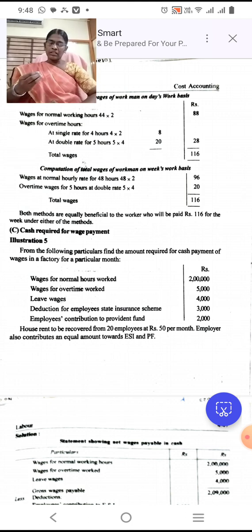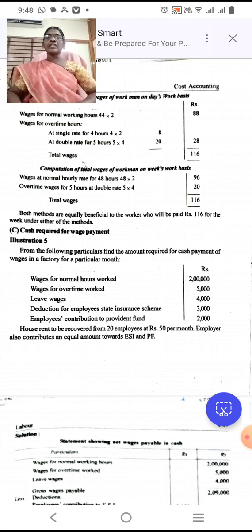Normally the employees are permitted some days of leave with wages, with salary. That type of leave wages is 4,000. Though the worker has been on leave on these days, we have to give him wages. So how much do we need for cash payment? We need 2 lakh plus 5,000 plus 4,000. We need 2 lakh 9,000 to make the payment of wages.